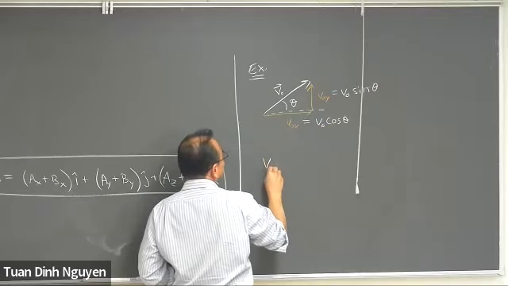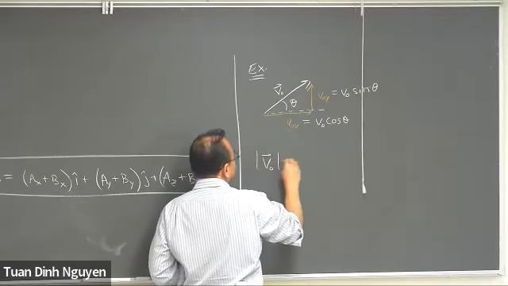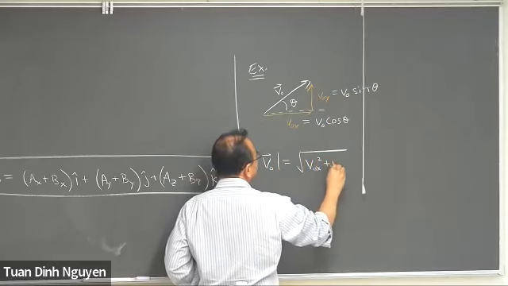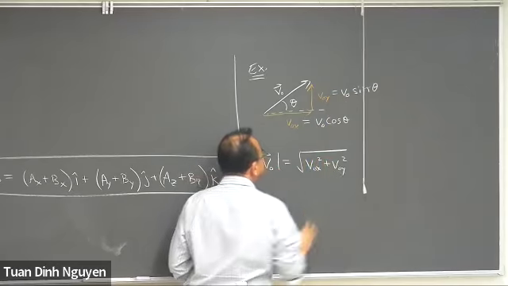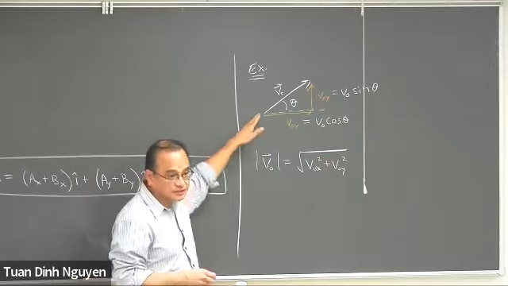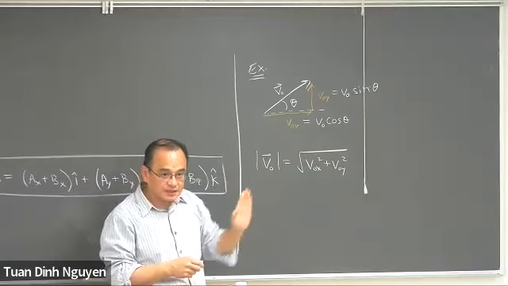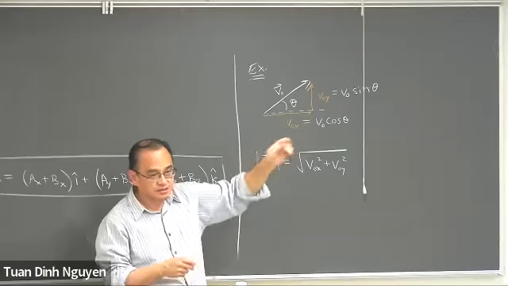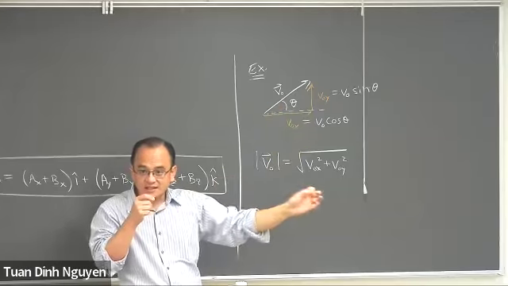Immediately, you should also be able to write V0 squared, that's V0 y squared. And it's the velocity vector that determines the launch angle, okay?